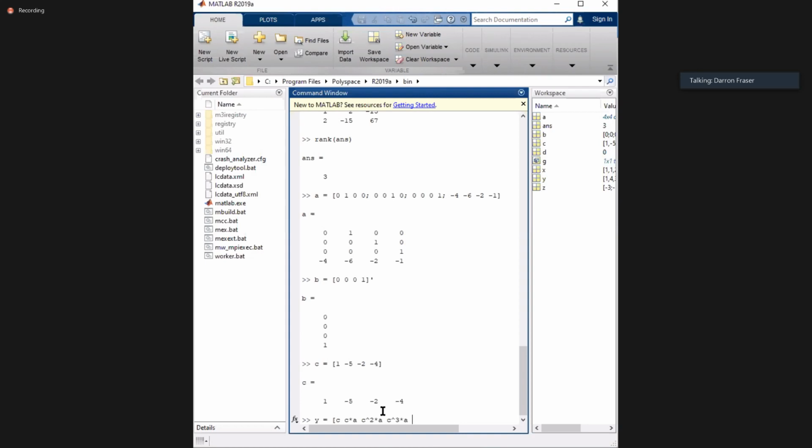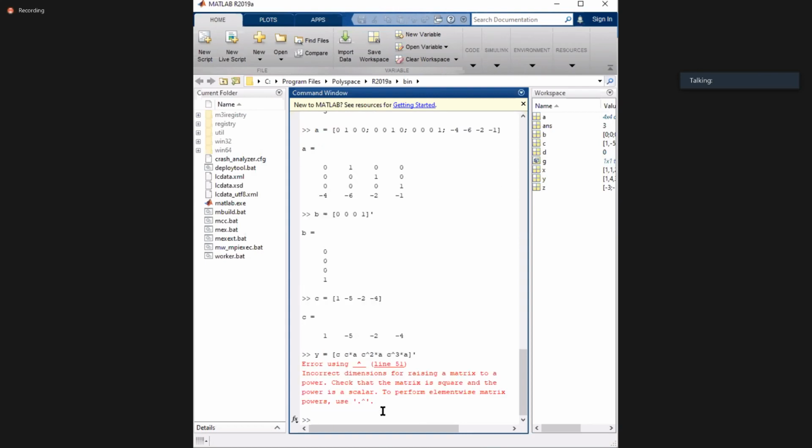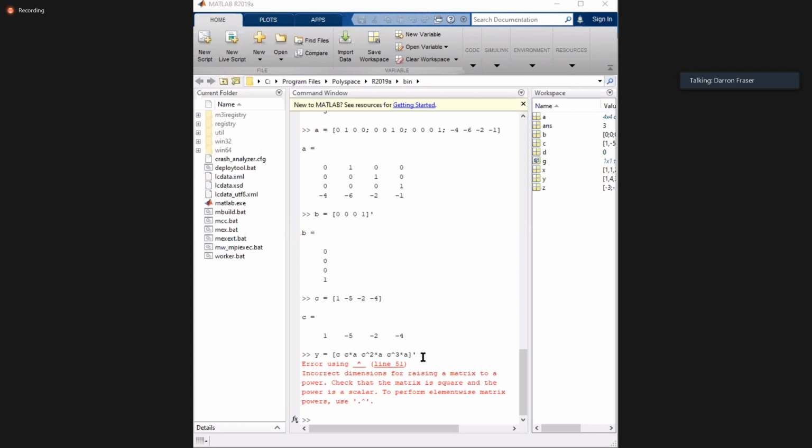Close bracket, apostrophe for the transpose. Oh, sorry, wrong.